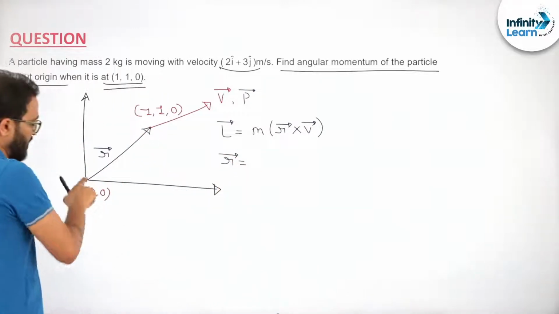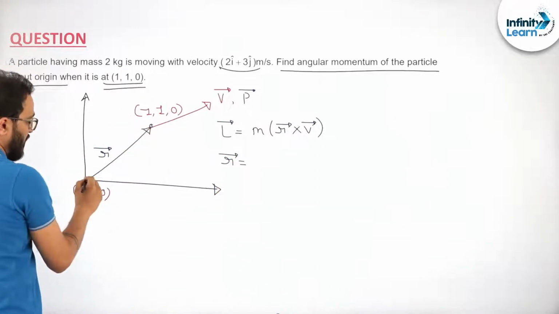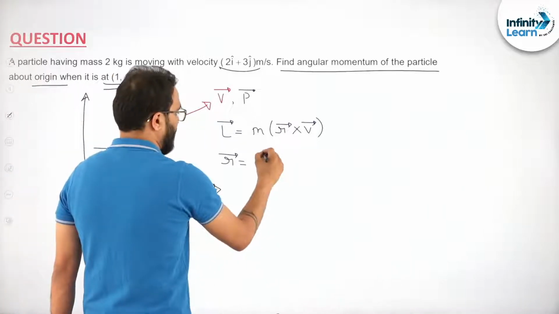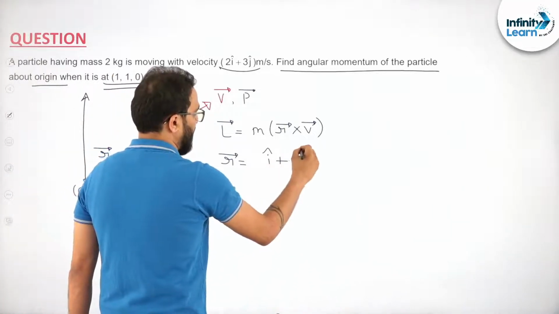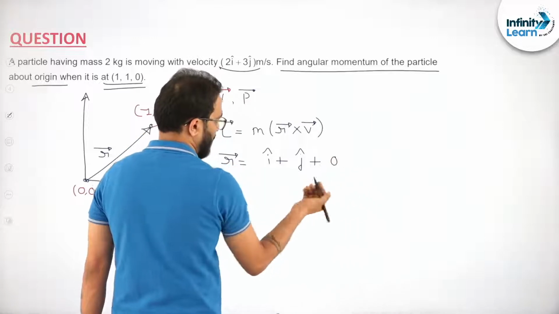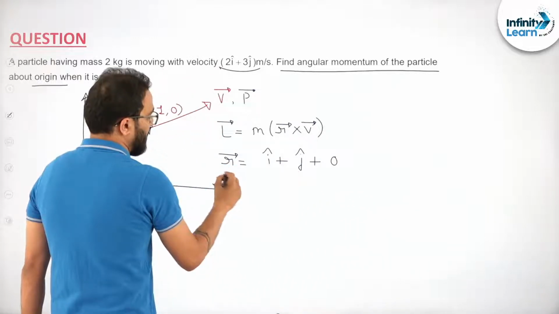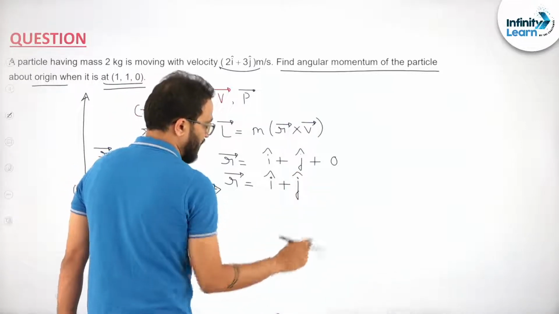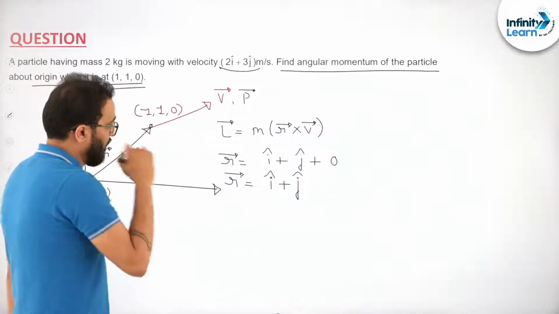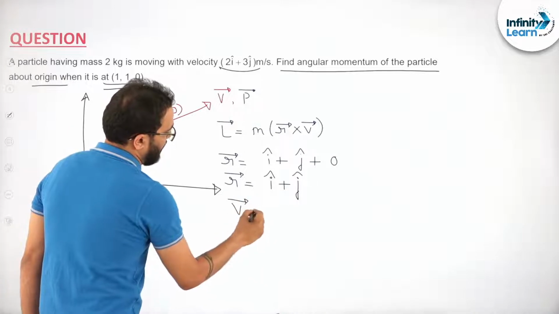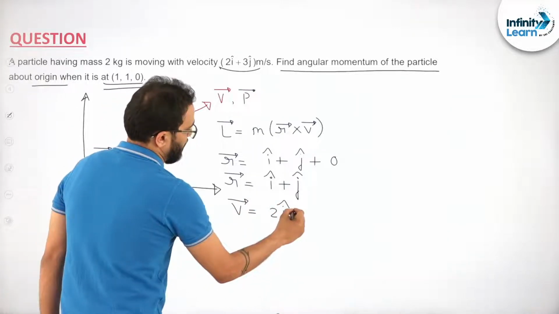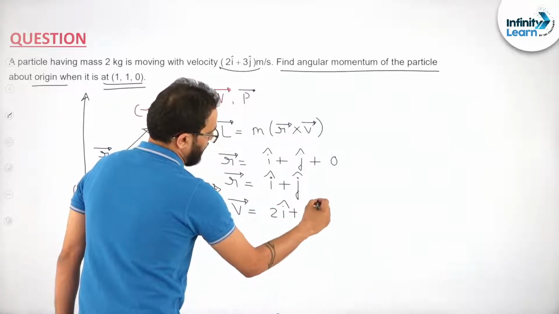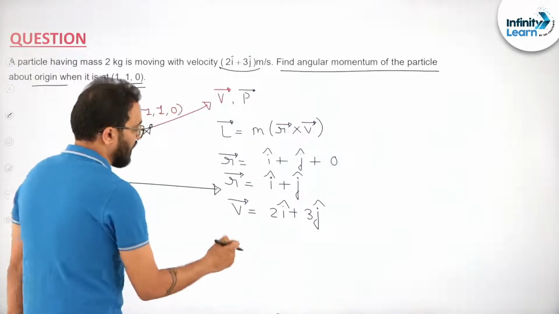Vector r is this vector which is joining these 2 points. So it is obviously 1 i cap plus 1 j cap plus 0 k cap. So technically vector r is i cap plus j cap. Got it? Now what is vector v? Vector v is given, 2 i cap plus 3 j cap. Got it?